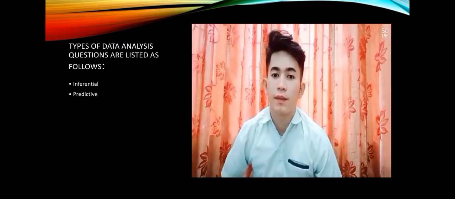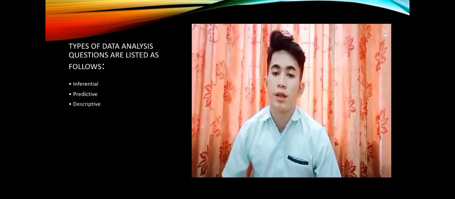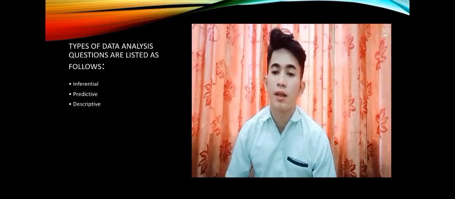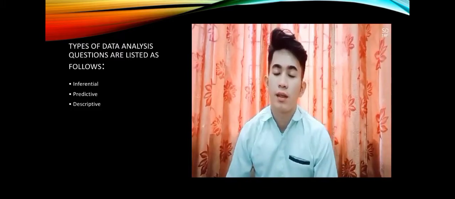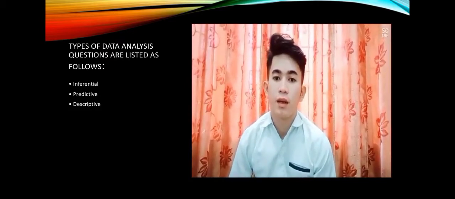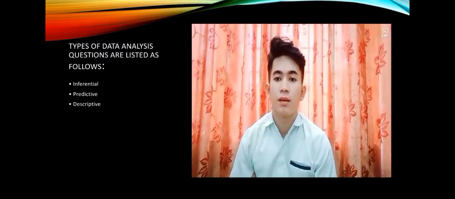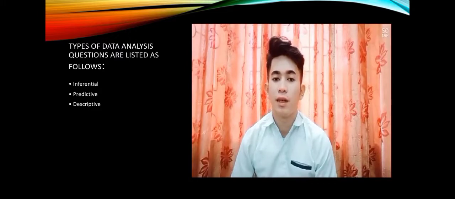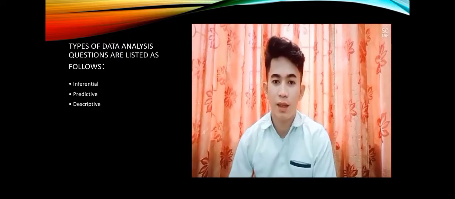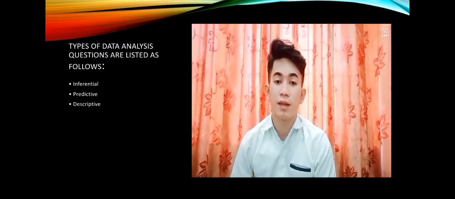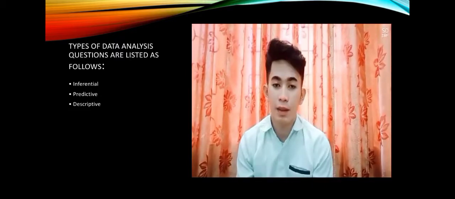So next is the descriptive question. A descriptive question is one that seeks to summarize a characteristic of a set of data. Examples include determining the proportion of males, the mean number of servings of fresh fruits and vegetables per day, or the frequency of viral illnesses in a set of data collected from a group of individuals.